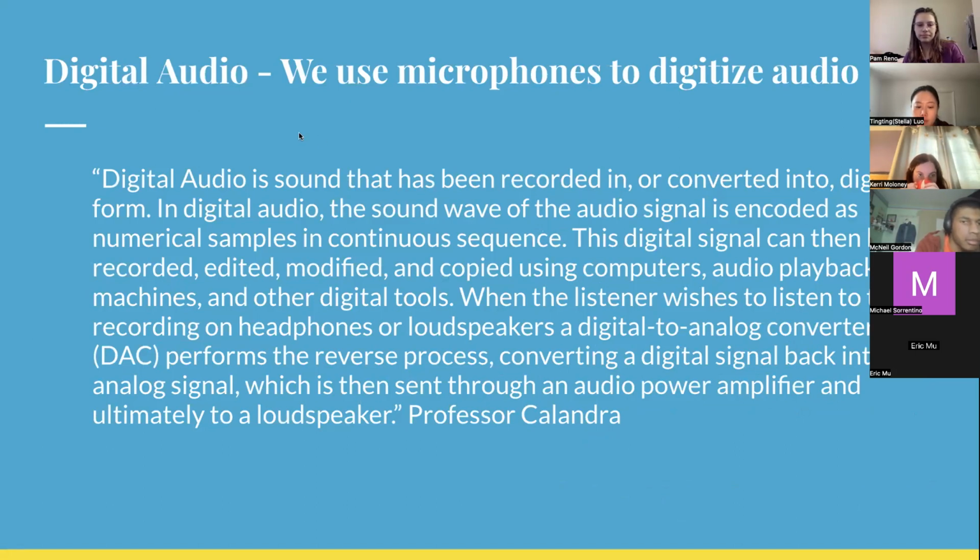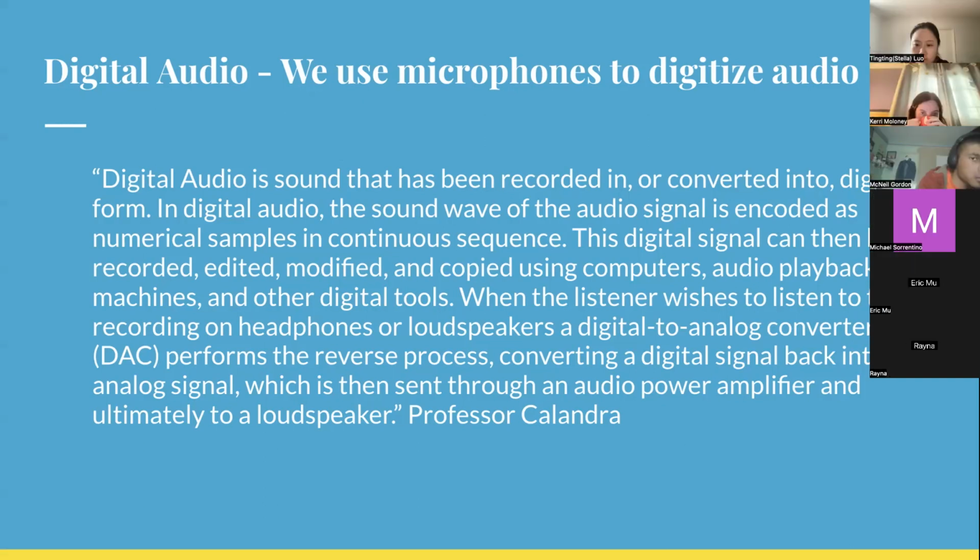So what we are doing today and moving forward is changing our audio coming from your instrument or your voice into a digital form. So microphones are used to digitize audio. Digital audio is the signal that has been recorded in or converted into digital form. In digital audio, the sound wave or the audio signal is encoded as numerical samples in continuous sequence.